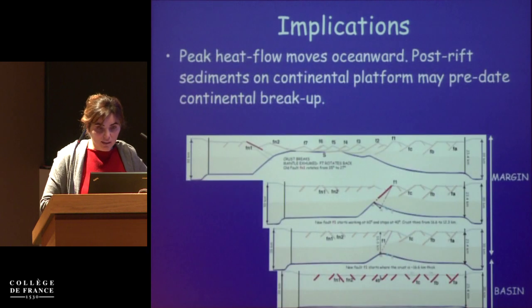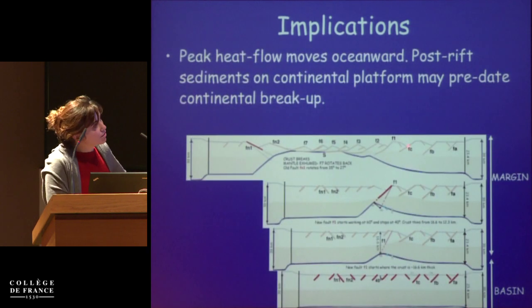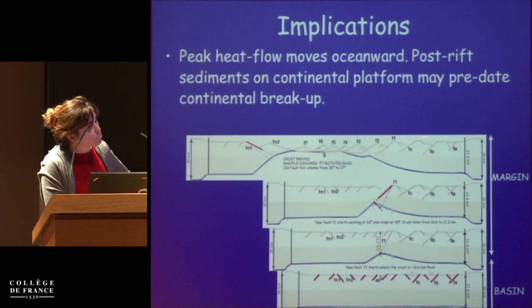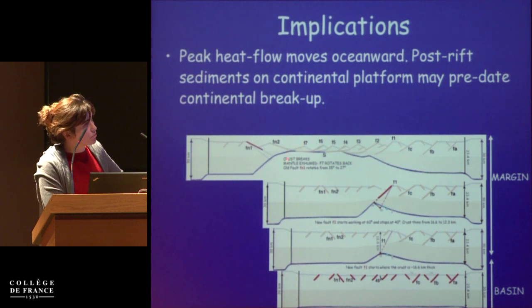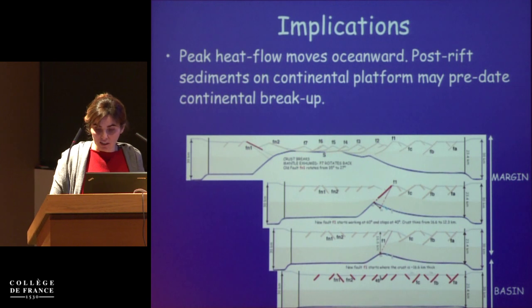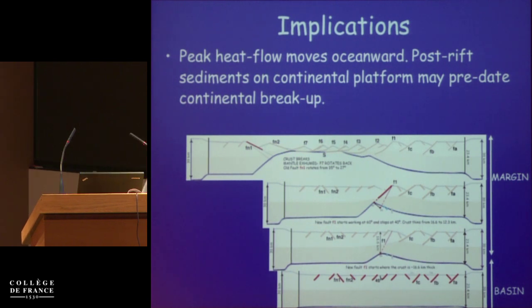And finally, if this period of sequential faulting is long enough, sediments that are deposited here after these faults stop being active may have post-rift geometry, but may actually predate the age of breakup here. And this is actually an observation that is common in the South Atlantic margins.